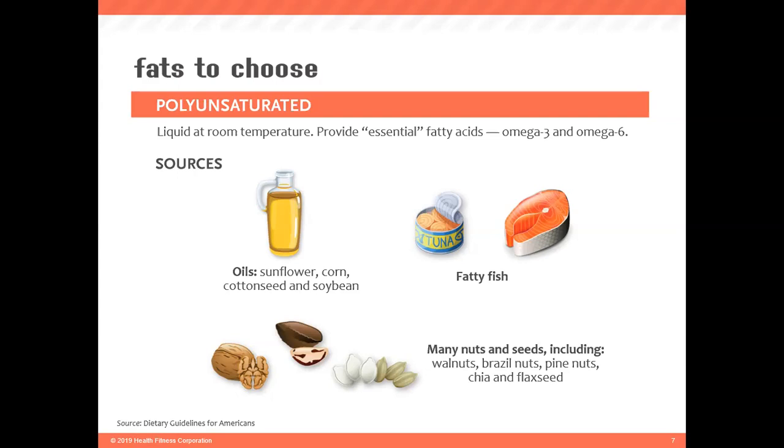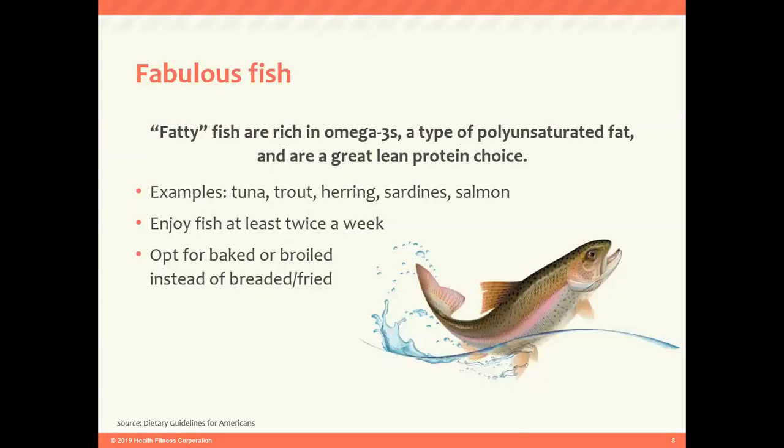Like I said, these polyunsaturated fats provide essential fatty acids such as omega-3 and omega-6. These are the fats that the body needs for good health, but cannot make on its own. So it's good to get these nutrients from other sources.